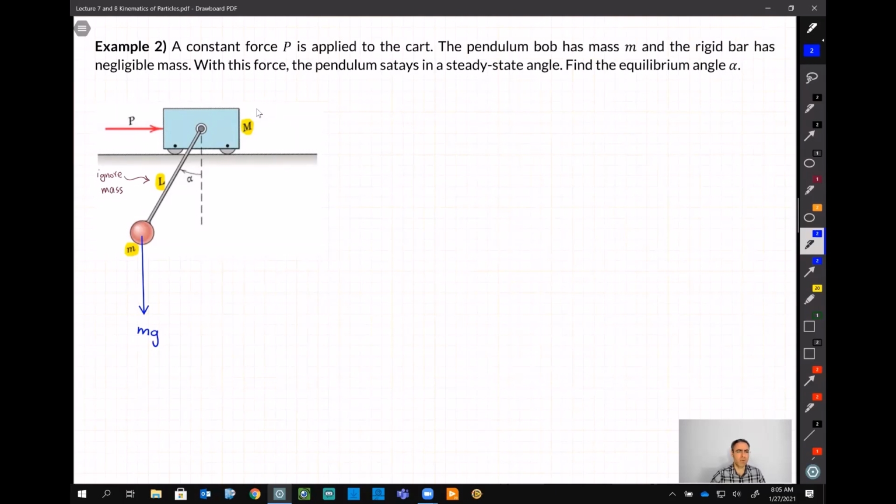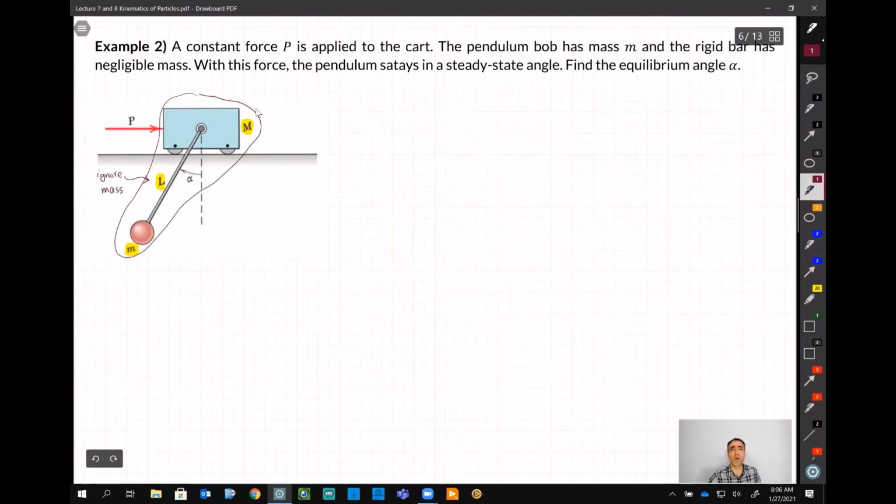All right, so let's see how we can approach this problem. Since we are still in dynamics of particles, I can treat the whole thing as a particle. So for now, let's ignore these. Can I consider the whole thing as one particle?